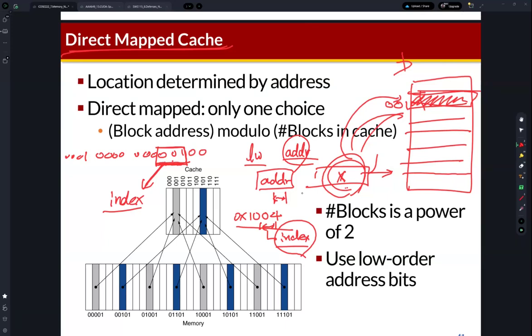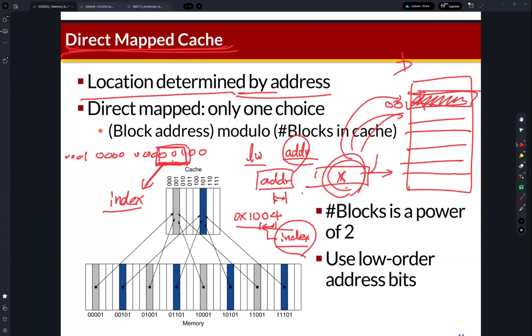So we can decide the index of the cache from the address of the data. This scheme is called the direct mapped cache. Direct mapped cache means that the location is determined by the address, the part of the address.